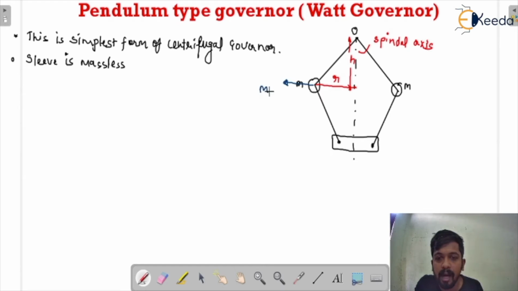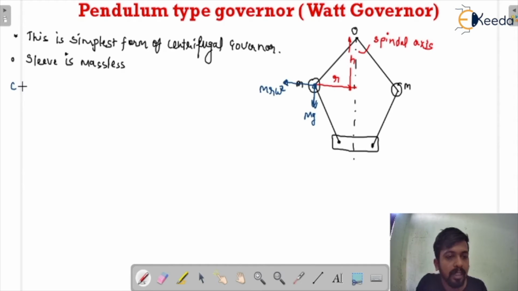I can write that as m r omega square. And since it has mass m, it also has weight in the downward direction, that is mg. So this is the centrifugal force I'm writing here.